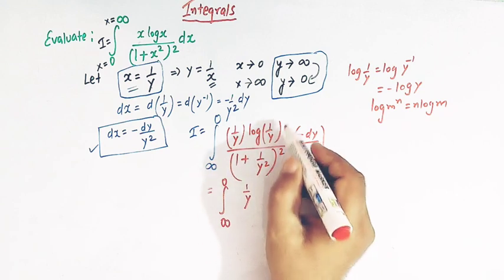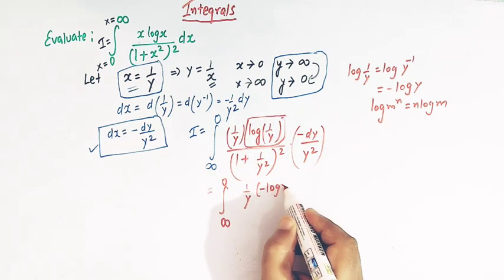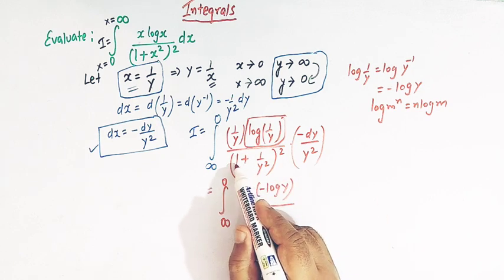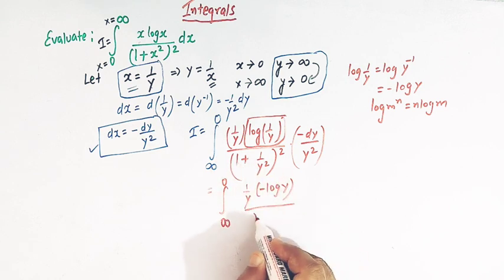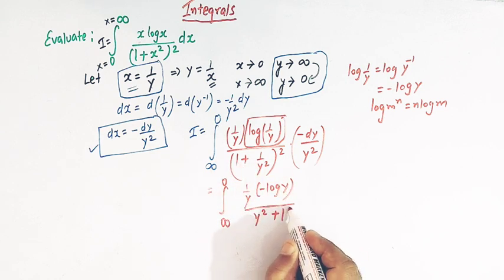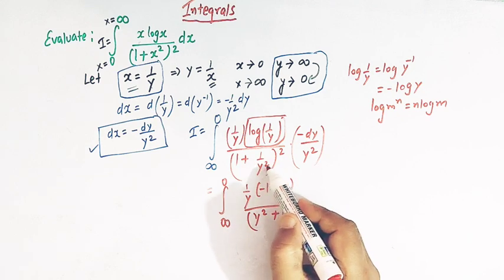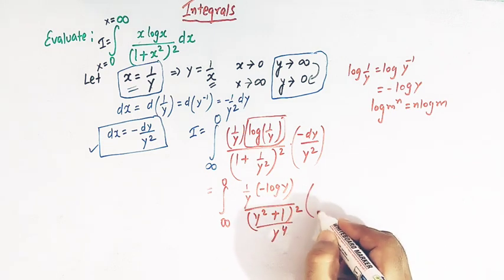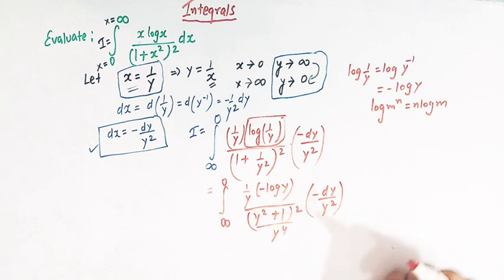So for this term, we have minus log y, right? And in the denominator, we have 1 plus 1 over y square. So taking the LCM here, we have (y square plus 1) whole square, and then the square of y square is y raised to 4, right? And here we have minus dy over y square, right?